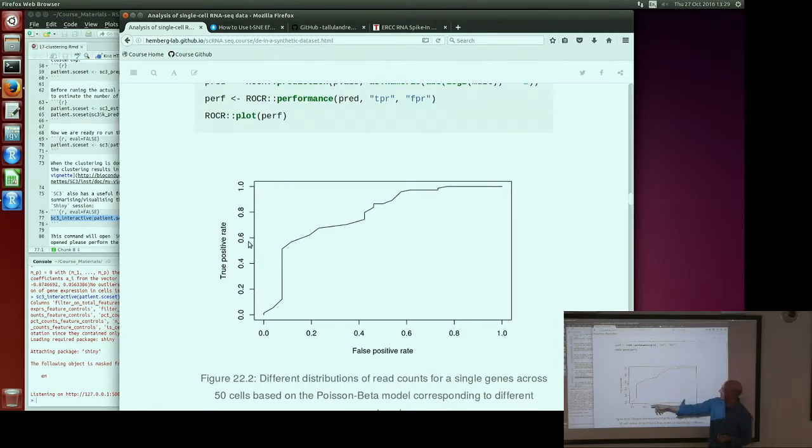The ideal method should have a very high true positive rate and very low false positive rate. So we're looking for something that goes up like this, and hence ideally something that has a very high area under the curve. This value is normalized to be between 0 and 1, although of course in practice it shouldn't go below 0.5.